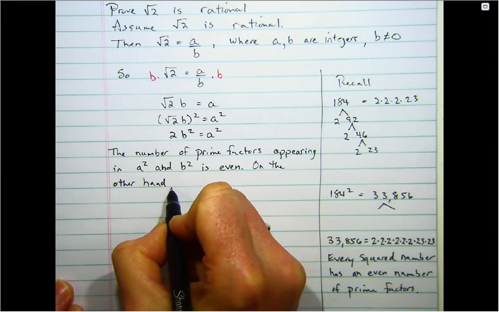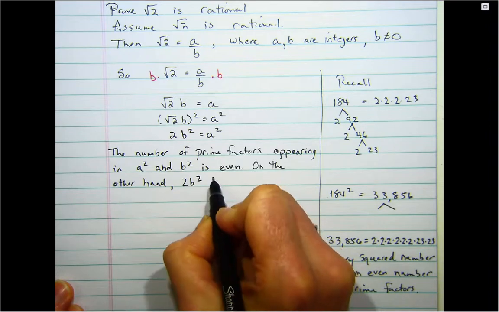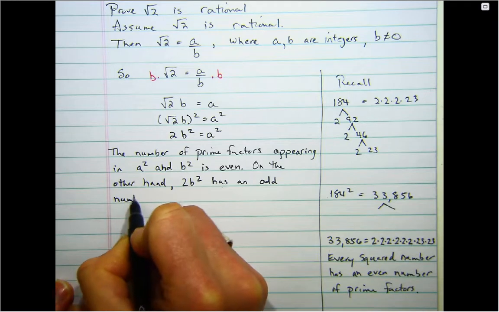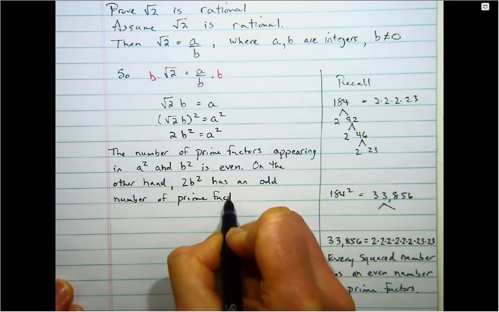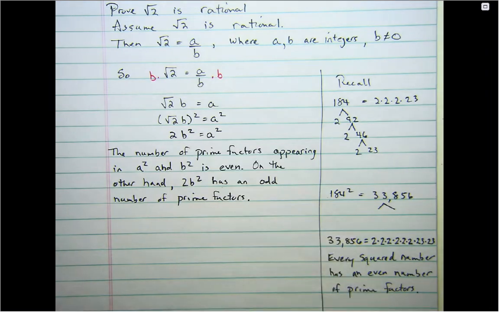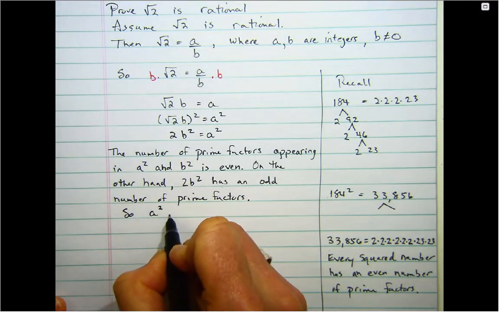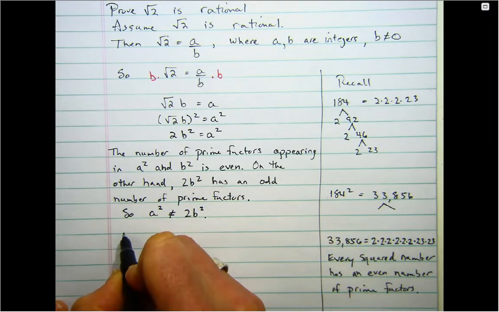On the other hand, 2b squared has an odd number of prime factors, because it has this even number of prime factors and one additional number. So a squared cannot equal 2b squared. A contradiction.